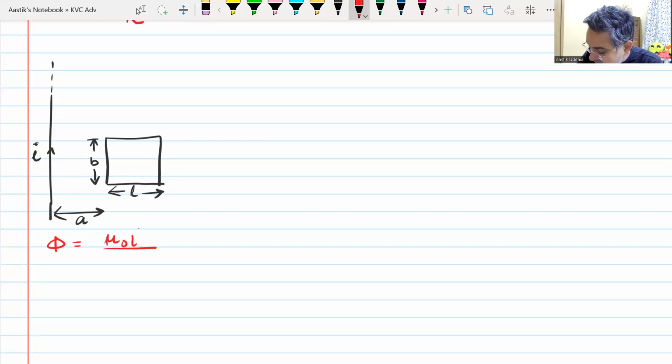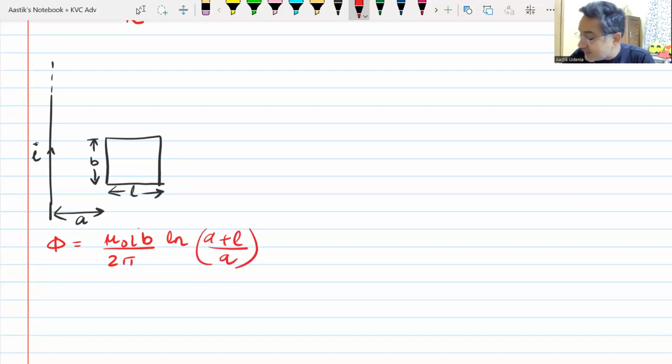Mu naught I by 2 pi, into B, into log of (A plus L) divided by A. Remember, we are talking about the flux through the loop.